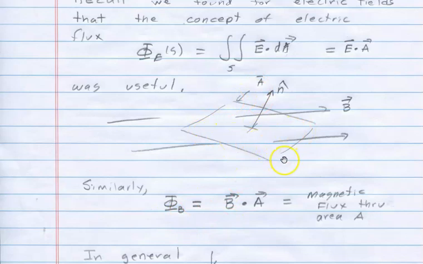And for that particular case of a planar surface in a magnetic field that's uniform, effectively, the total number of magnetic field lines that cut through the surface is B vector dotted into the area vector. That's the magnetic flux through the area A vector. And very similar to the expressions up here, but in this case, it's not the electric field lines that are cutting it, but the magnetic field lines. So I indicate that with a B.